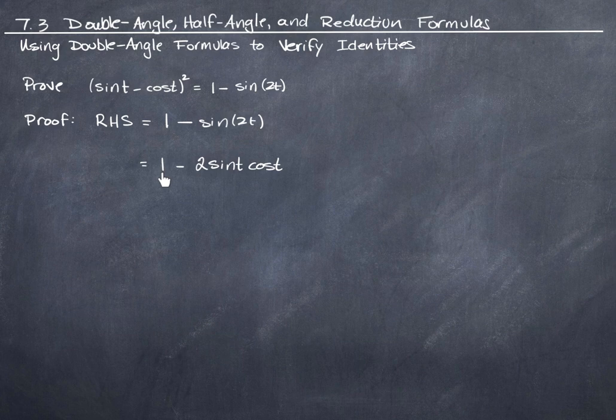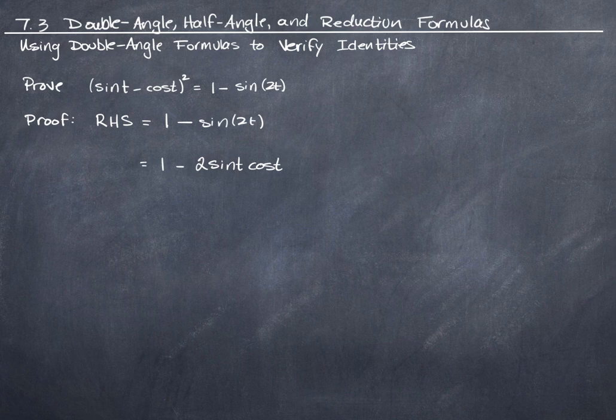1 is, let's see, 1 is equal to the cosecant squared minus the cotangent squared, or the secant squared minus the tangent squared, or it's equal to the cosine squared plus the sine squared. Those are the 3 Pythagorean identities.